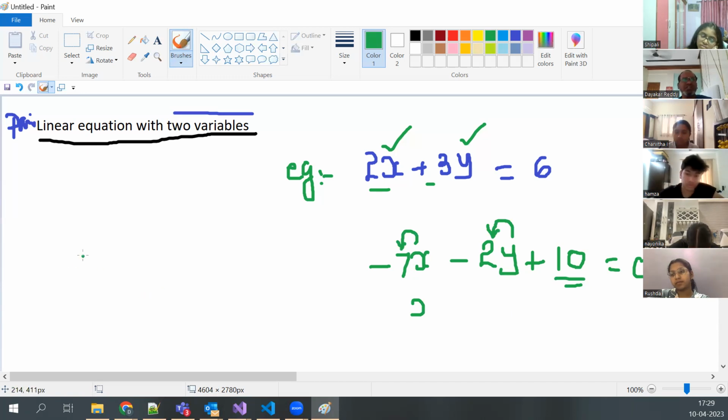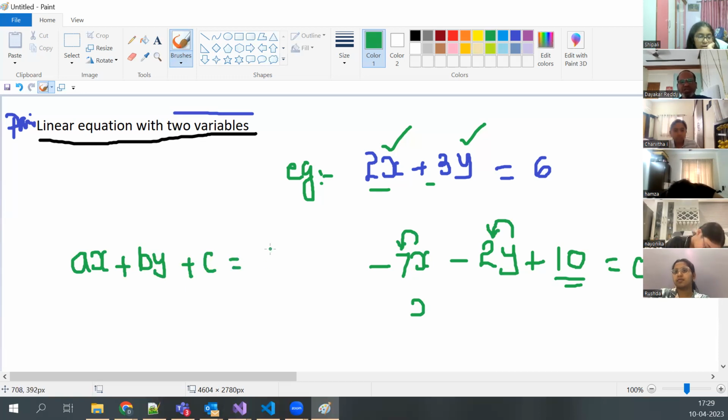So if I put it in the general form, how will it be? ax plus by plus c equal to 0, and a is not equal to 0, as well as b is not equal to 0. Why?